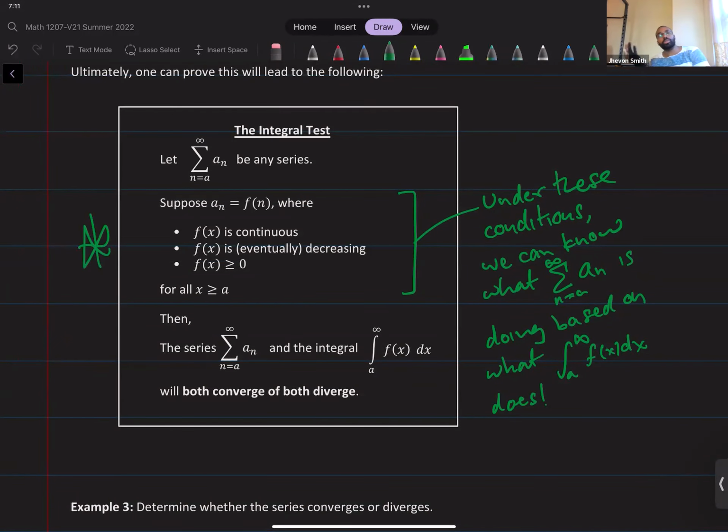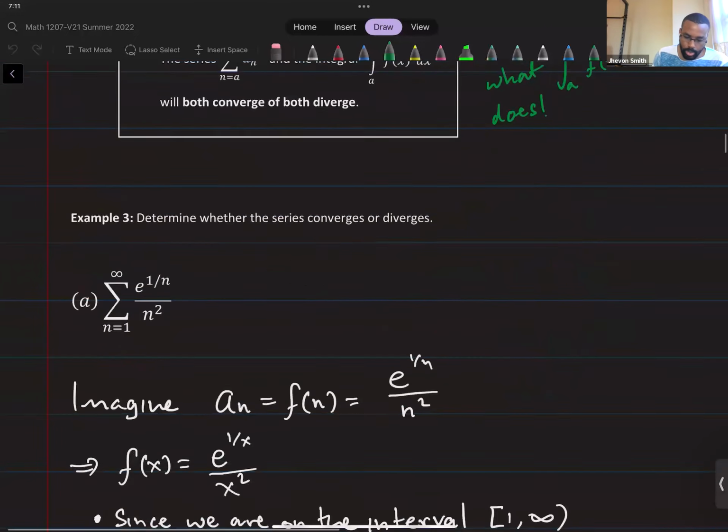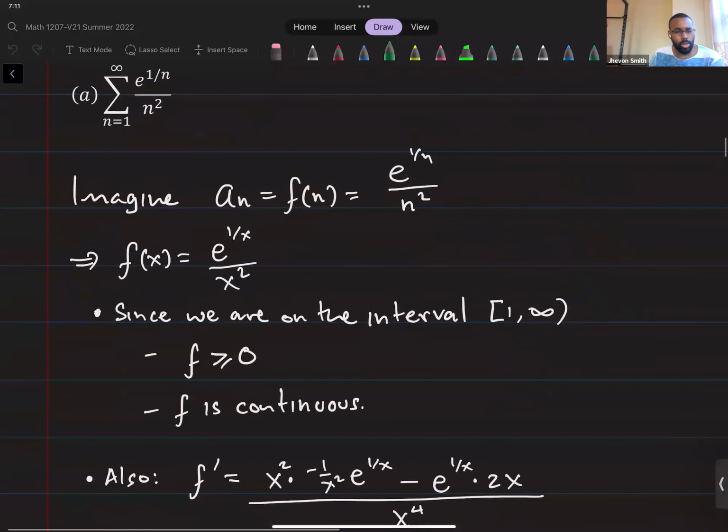So we actually can use integration to talk about series under this specific set of conditions, right? If you didn't have one of these conditions, if you realize, oh, your function eventually becomes negative at some point, or your function is increasing, then this doesn't work. But yeah, so you look at a series and you see that the formula looks like something I could integrate easily.